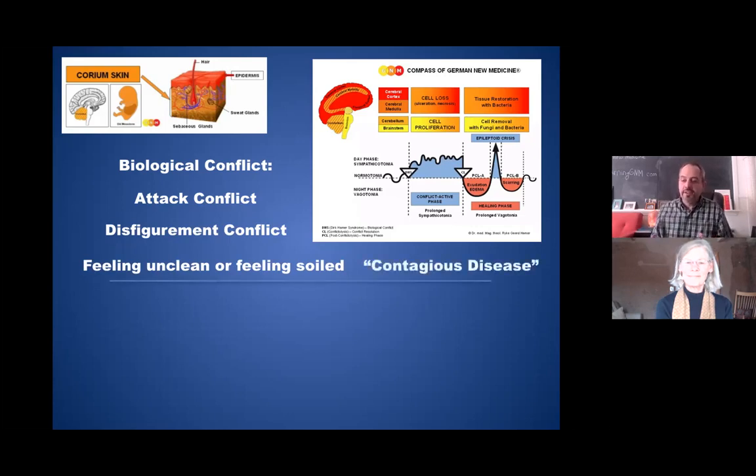This could very easily be related to contagious disease. So you come in contact with somebody that you know has a certain disease, and you have the belief of contagion running in your psyche, that event can easily activate this biological program.